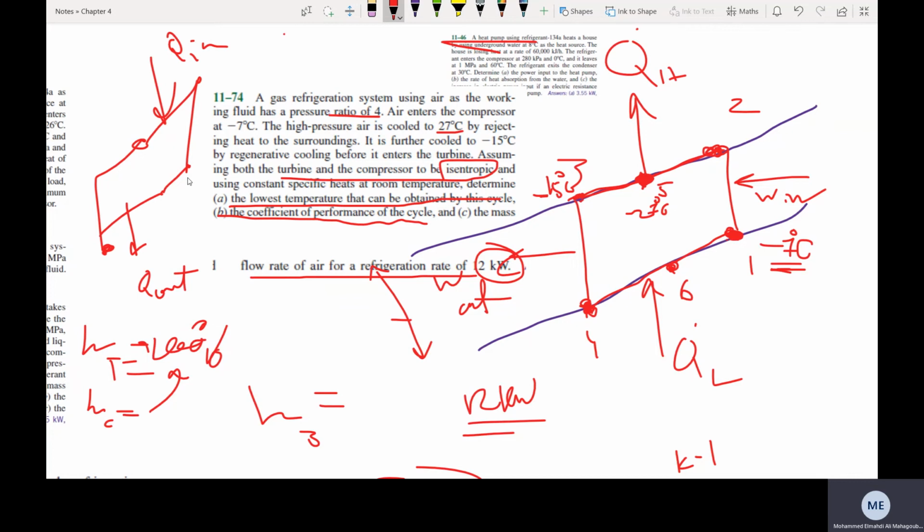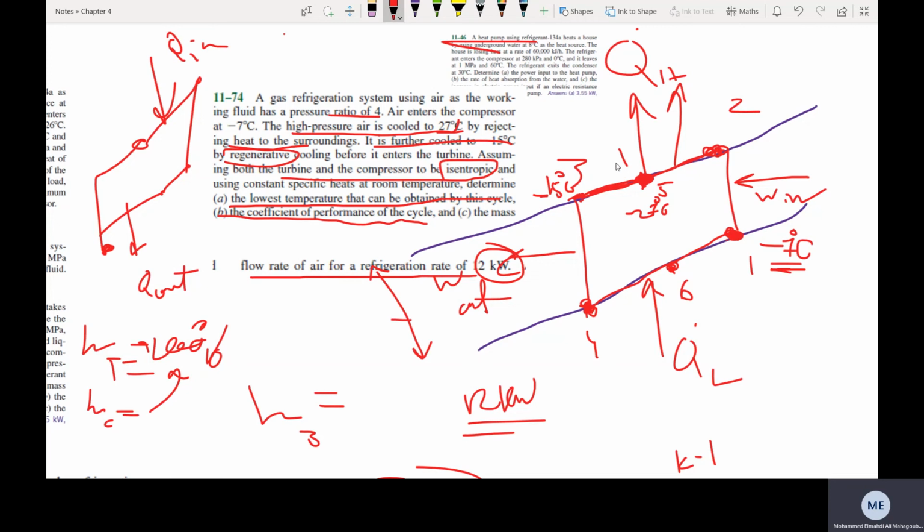So it's the same thing. From here, you have QH going out, and here this is by the regeneration. Actually, he tells you that the high pressure air is cooled to 27 by rejecting heat. So he tells you that this point is reached by rejecting heat. And further, it is cooled to minus 15 by regenerative cooling.